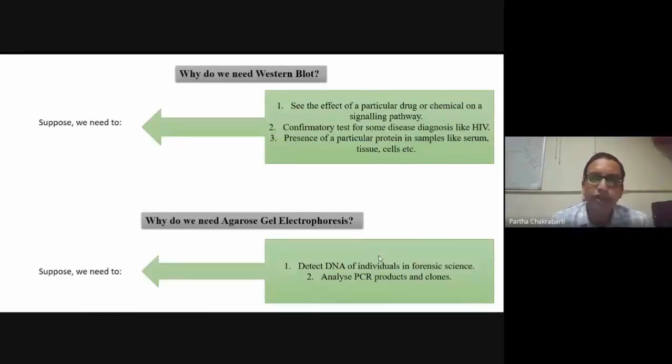One is, for example, Western blot, where we study proteins, and we can have a lot of questions, for example, to see how a particular drug or chemical works on a signaling pathway. There are confirmatory tests for HIV, and there are a lot of other areas, of serum, tissue, and cells, where we study proteins. And for that, for example, we use Western blot, right?